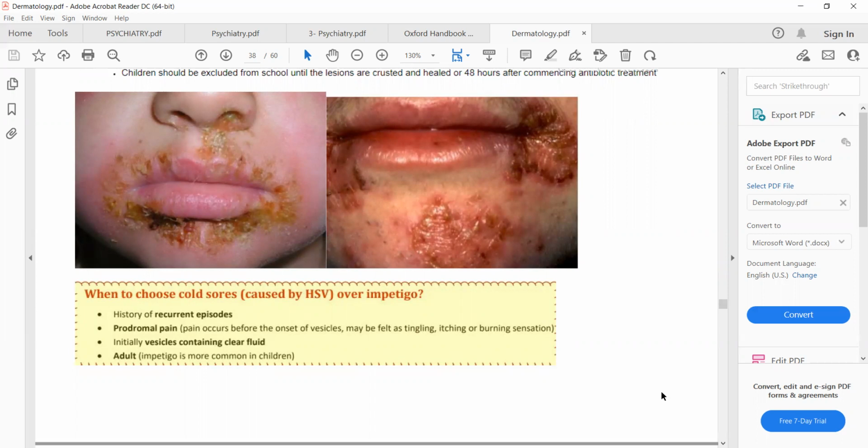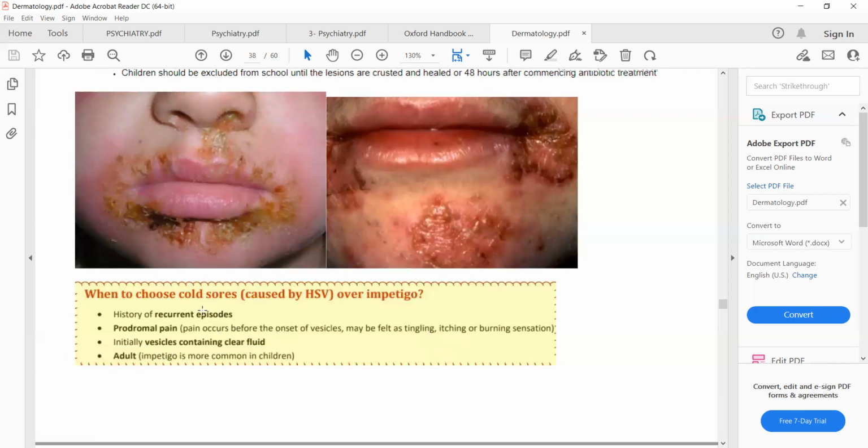while in herpes virus the vesicles contain clear fluid. So if the vesicles contain clear fluid, and there is a prodromal pain before the onset of vesicles, such as tingling, itching, or burning sensation before the appearance of the vesicles, and the patient is an adult, and there is a history of recurrent episodes, then your answer should be herpes simplex virus infection, or cold sores.